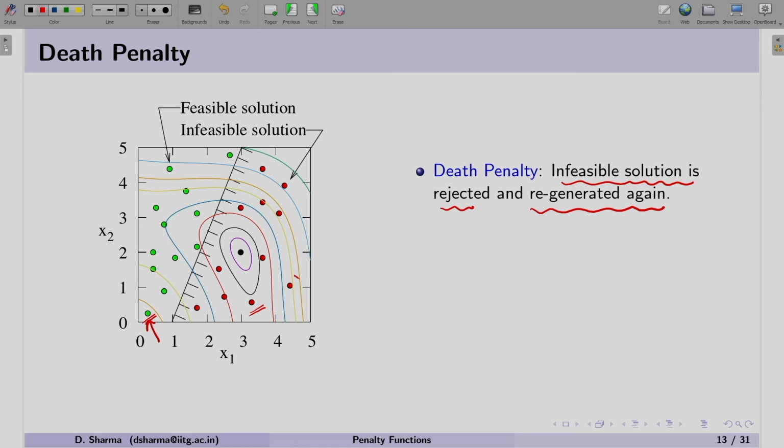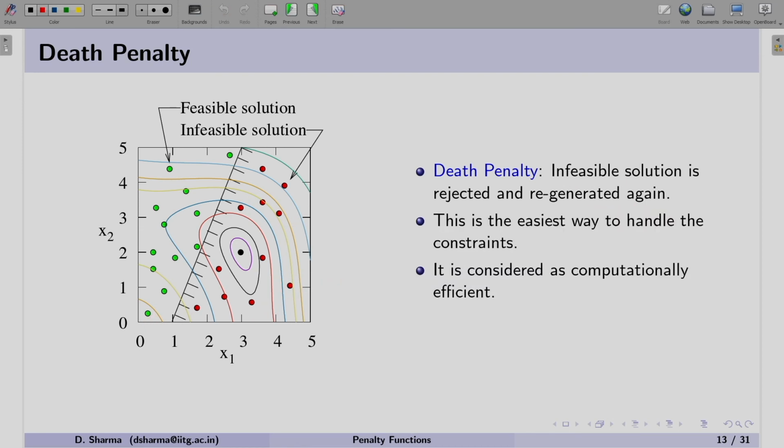However, as and when there is an infeasible solution, which is represented by the red color dots, then this penalty function will reject such a solution. So since we are not performing any kind of violation calculation here, we can say that it is the easiest way to handle the constraint.